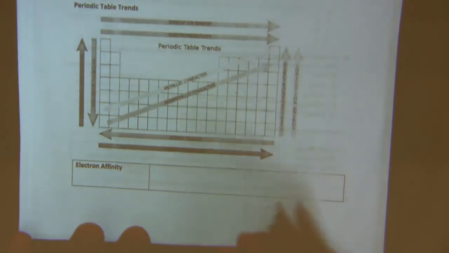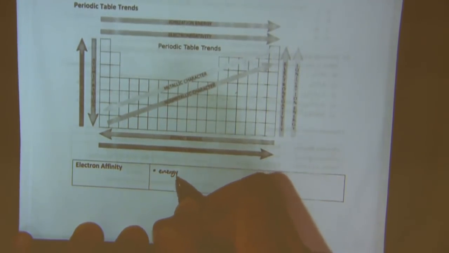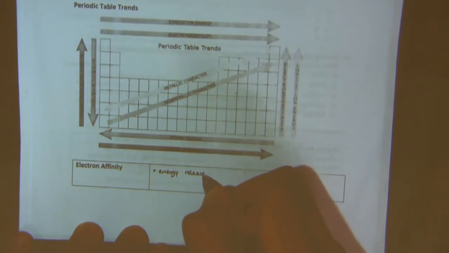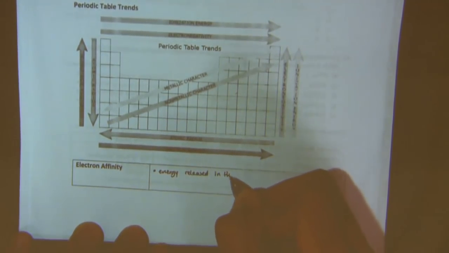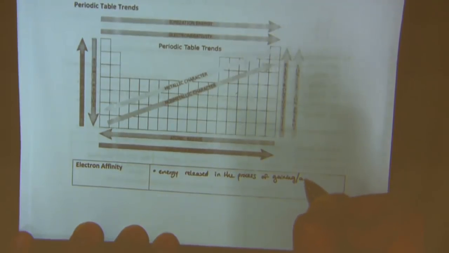So electron affinity, this is the energy that's released in the process of gaining or attracting an electron. So I'll just write that really fast. Energy released in the process of gaining an electron, right?